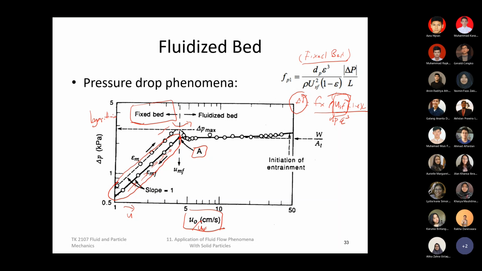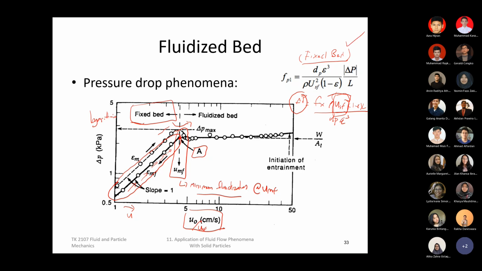Okay, that is called the minimum fluidization. That's the first time where the particle can be uplifted, at UMF. So why I told you that you can model the minimum fluidization condition using this fixed bed condition?